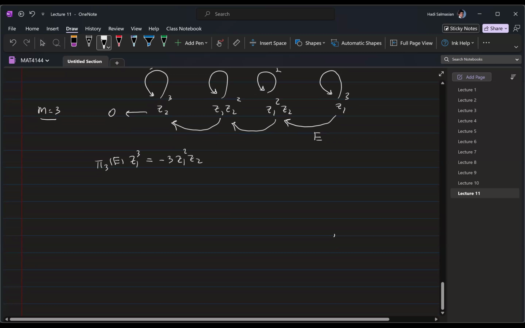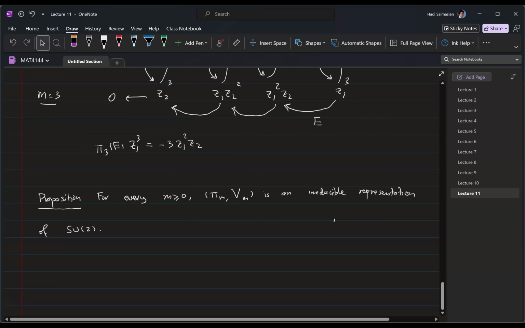All right, so now here is the proposition. For every non-negative integer m, V_m is an irreducible representation of SU2.